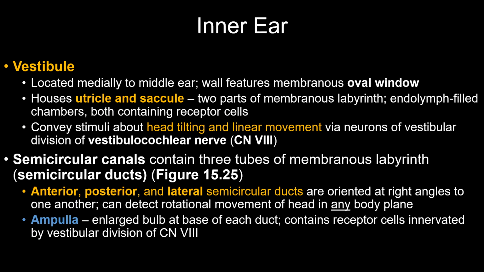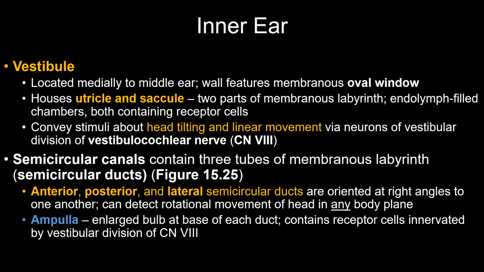Now, the vestibule is located medial to the middle ear. So this is just inside the middle ear, and its wall is going to contain that oval window to which the stapes is connected. The vestibule houses two portions of the membranous labyrinth. They are the utricle and the saccule.